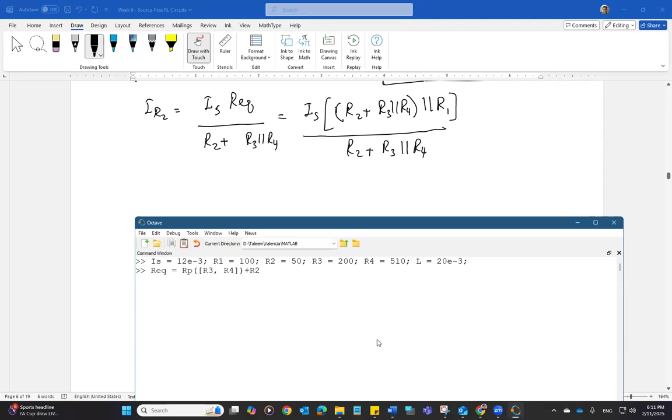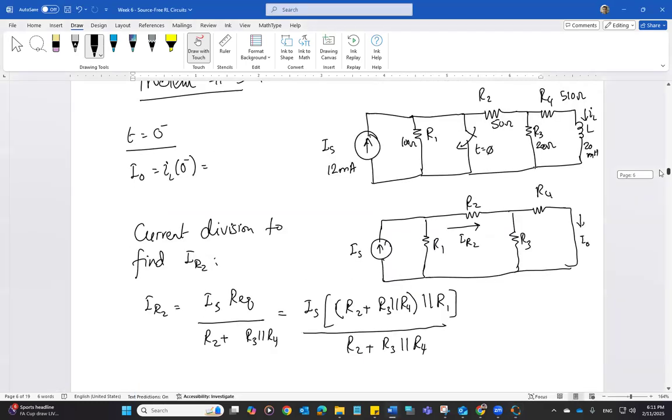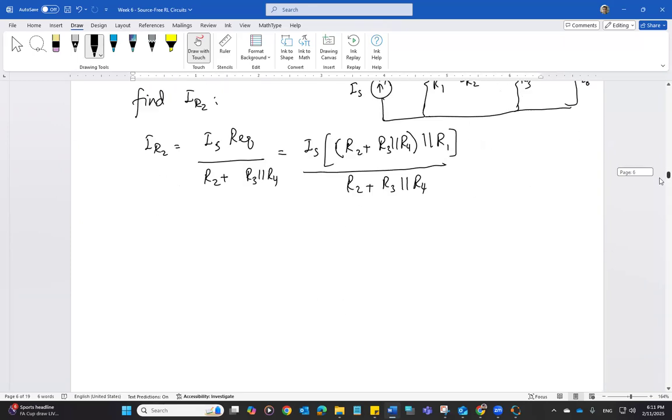So R2 in series with the parallel combination of R3 and R4. Let me just go ahead and confirm that. R3 and R4 will be parallel if L is short circuit, and that will be in series with R2. And that whole combination is in parallel with R1.